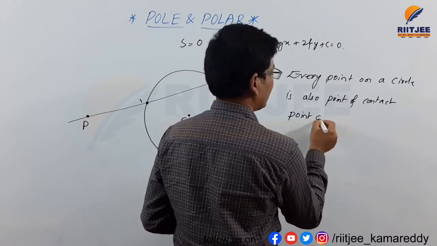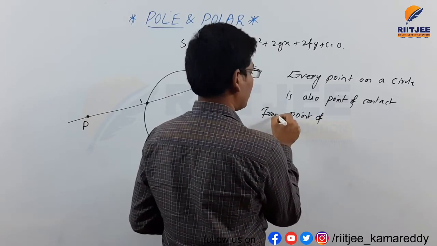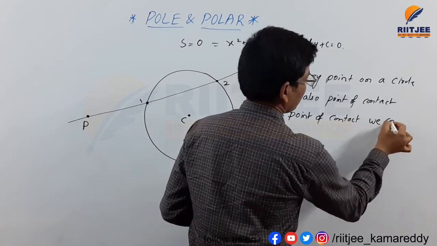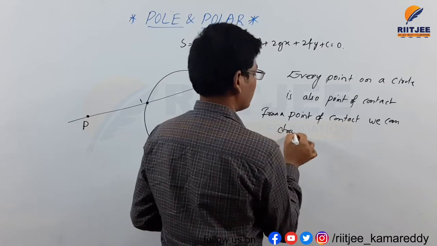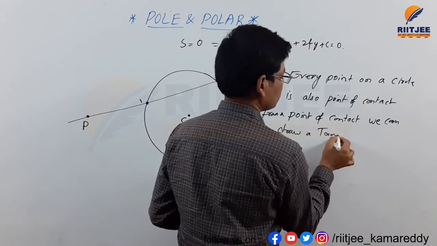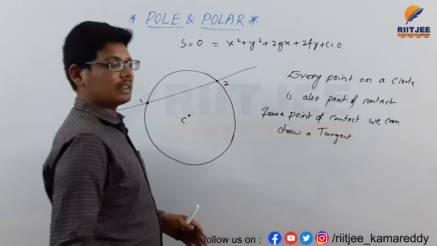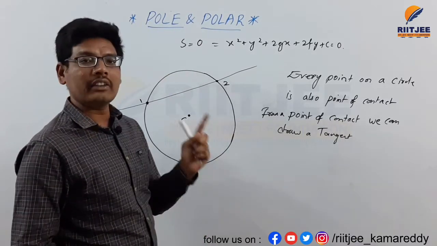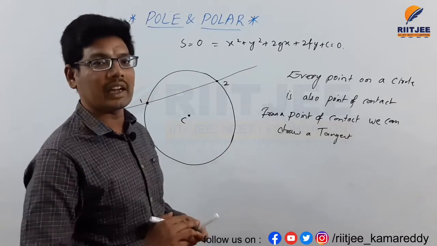From a point of contact we can draw a tangent line. A tangent line is nothing but a line that touches the circle at one point.